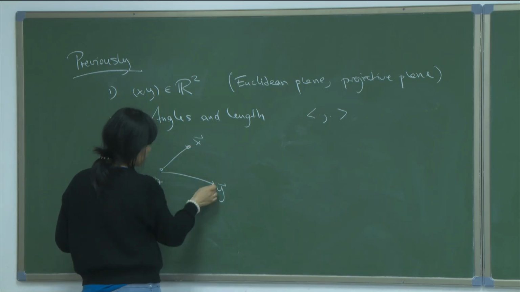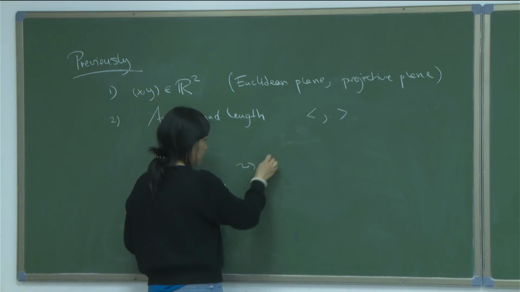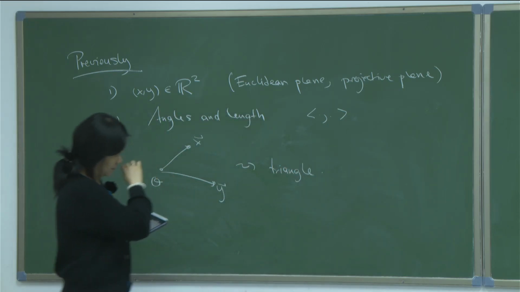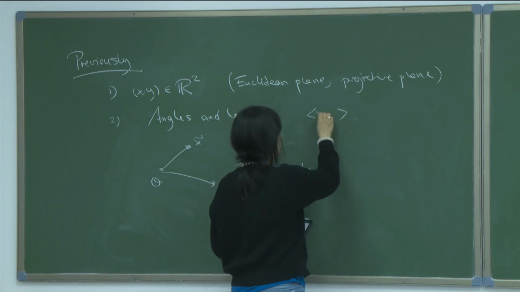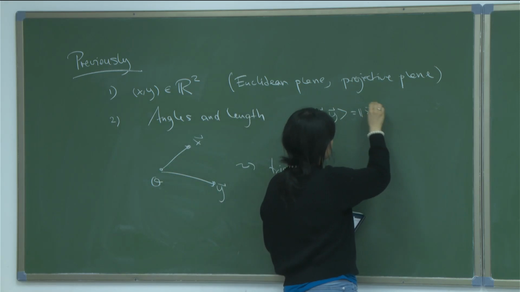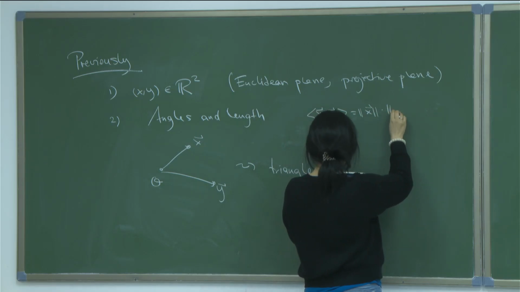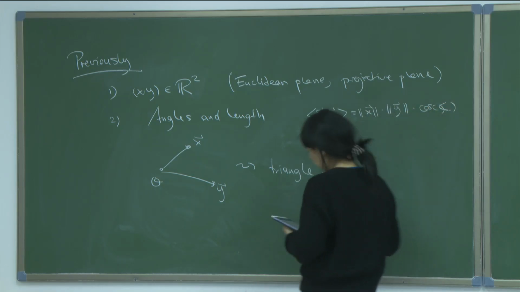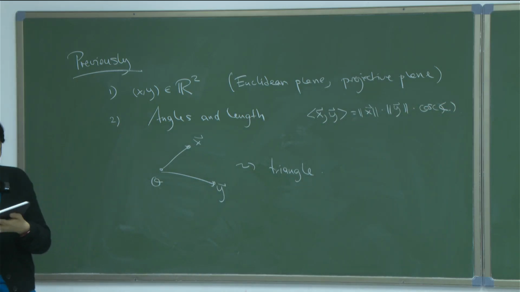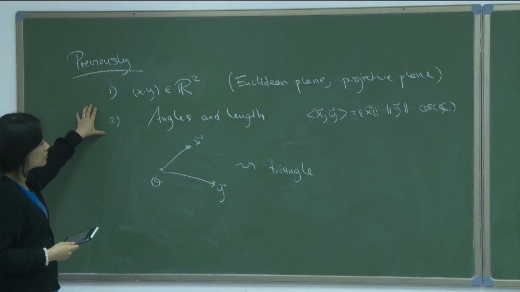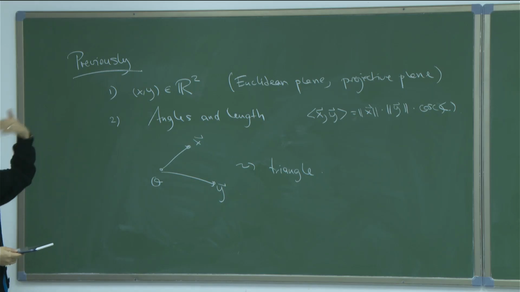And these 3 points would give rise to a triangle. So this thing would be just the norm or the length of x times the length of y times cosine of the angle. Okay, so this is what we have done, like elementary geometry, so that we can move further.